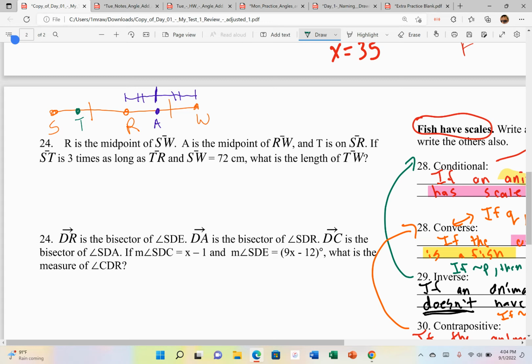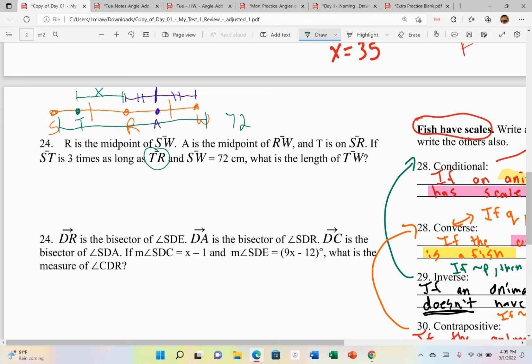If ST is 3 times as long as TR and SW is 72 centimeters, what is the length of TW? So first and foremost, do I know what TR is? No. So TR is going to be my unknown x. SW, the whole entire thing, is 72.